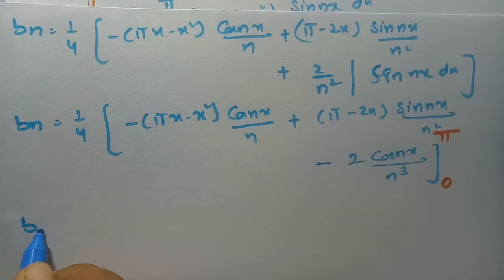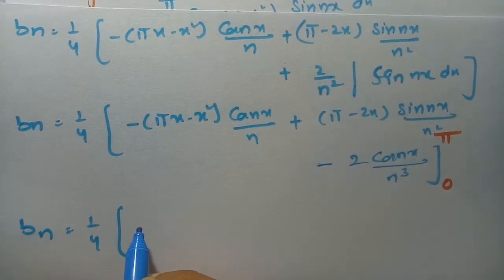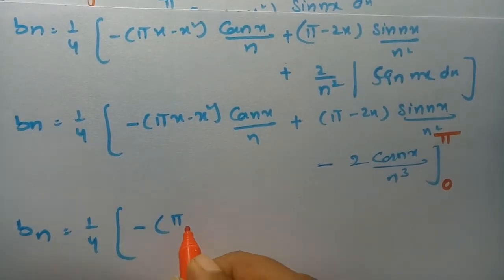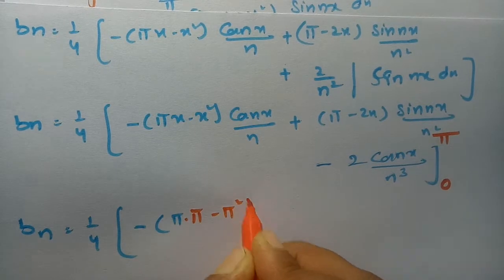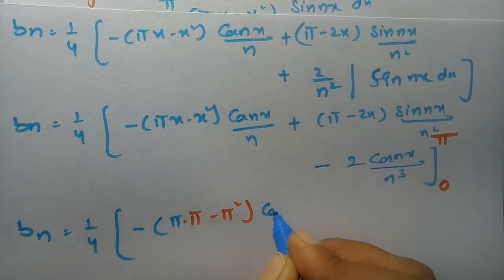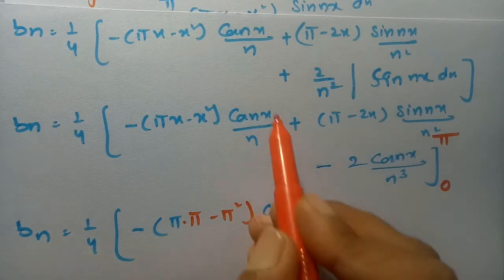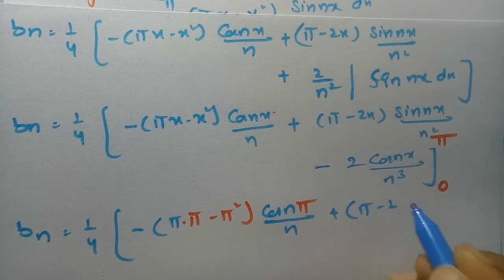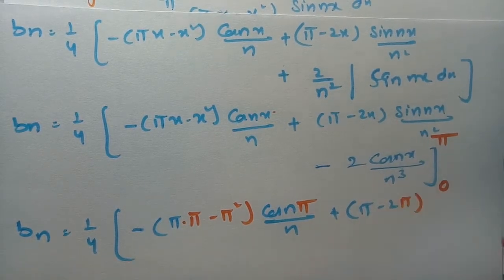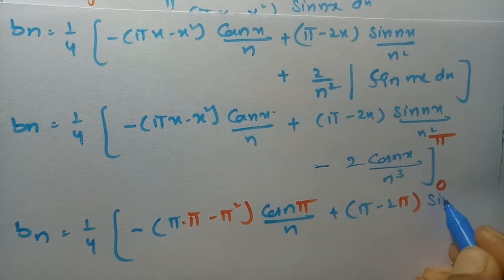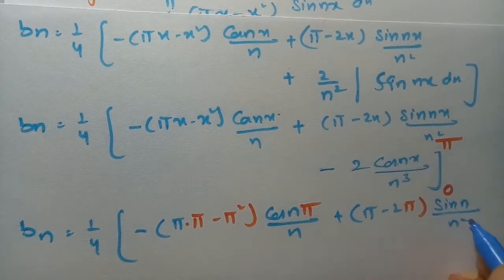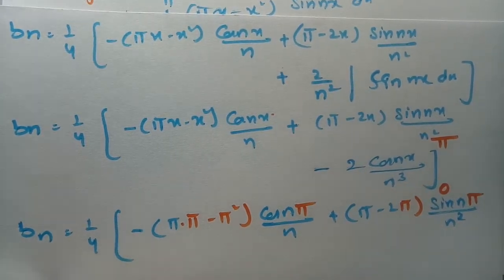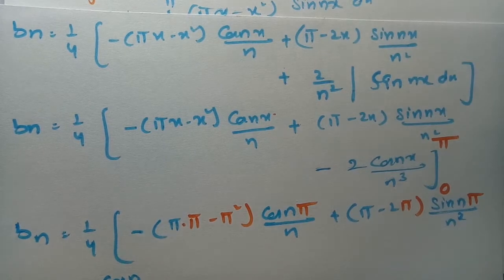So Bn value will be 1 by 4 times of minus. If I substitute the upper limit in place of x, then pi minus pi square into cos, plus pi minus 2 into sine n by n square into pi, minus 2 times of cos n pi.